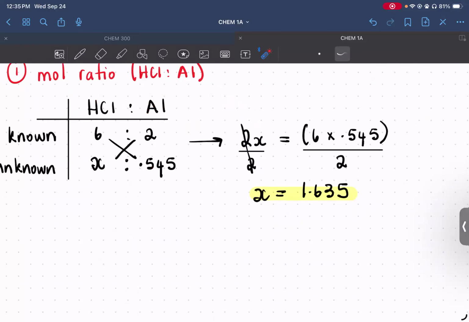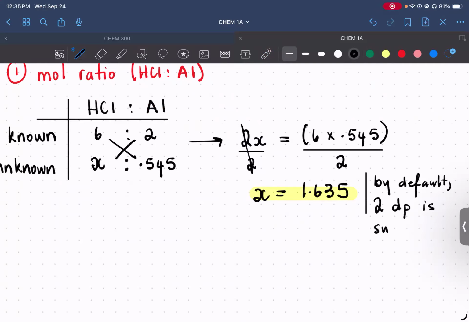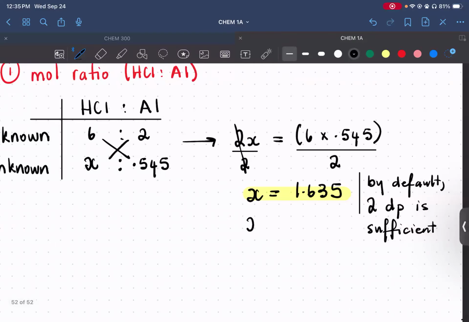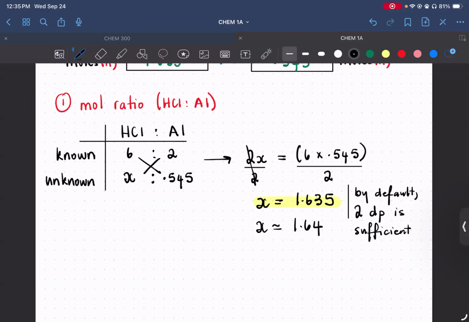And in cases where that happens, by default, with no instructions, 2 decimal places is sufficient. So this one becomes x is approximately 1.64.